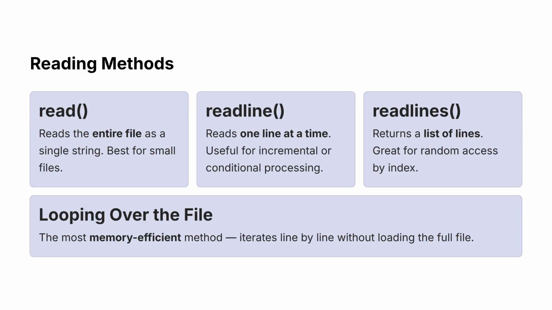Useful when you're doing conditional processing and don't need everything at once. .readlines, plural, gives you a list where each element is a line. Great when you need random access by index. And finally, just looping directly over the file object. That's actually the most memory-efficient approach because Python streams it line by line under the hood. For big files, that's your go-to.